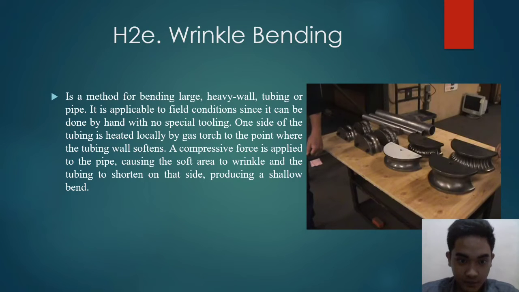It is applicable to field conditions and it can be done by hand with no special tooling. One side of the tubing is heated locally by a gas torch to the point where the tubing wall softens. This is a process.